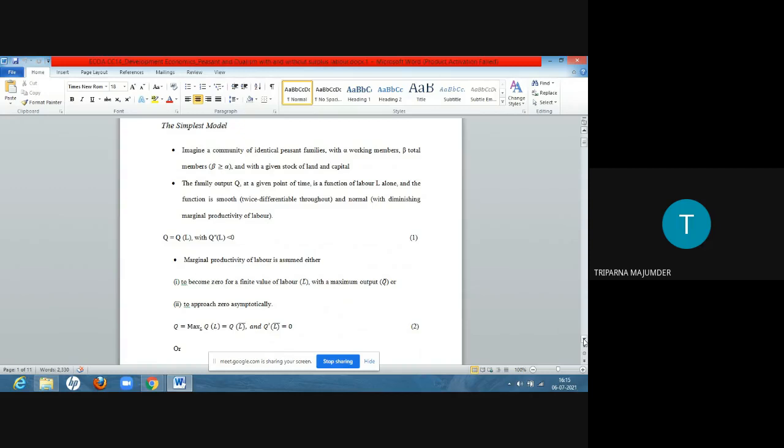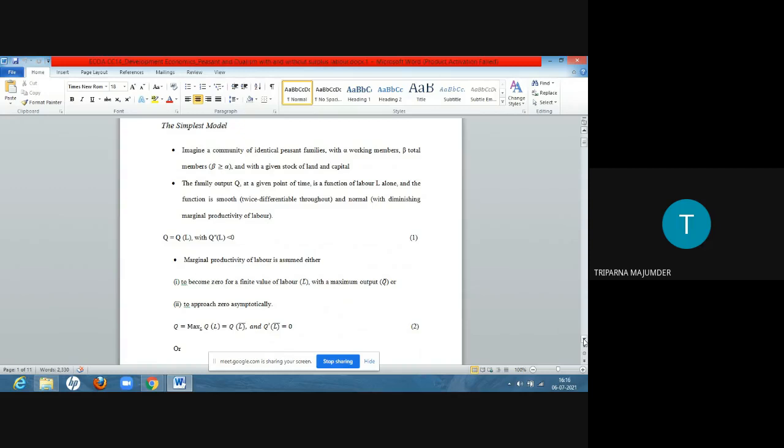Now, the family output, capital Q, at a given point of time is a function of labor, L, alone, and the function is smooth, twice differentiable throughout, and normal, that is with diminishing marginal productivity of labor.